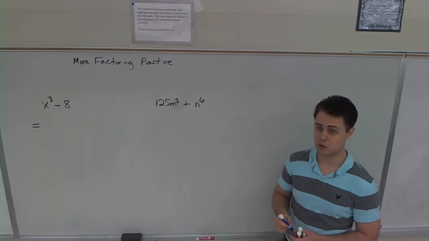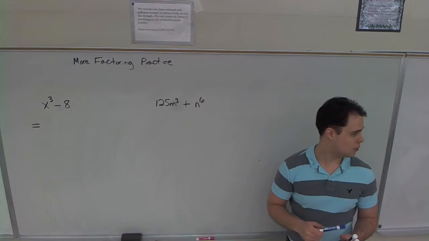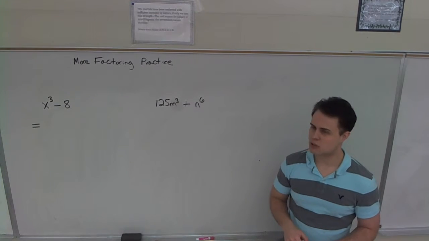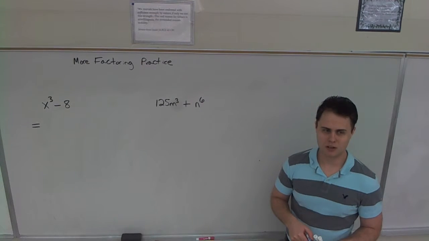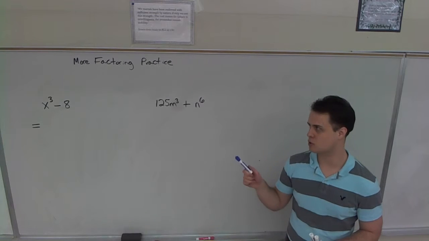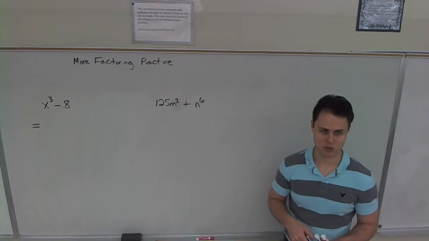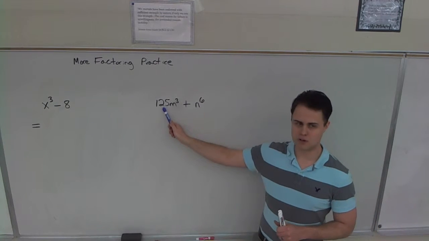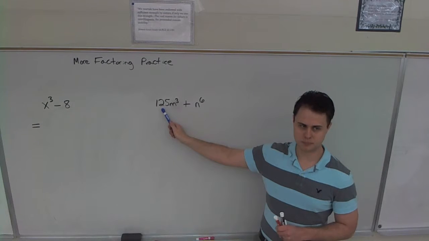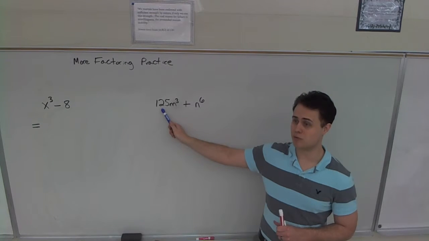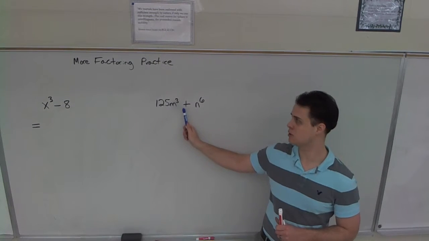So there are two new strategies that you can use. If you look at these, there are some very cubic type things happening. You can see x cubed. What is 8? 2 times 2 times 2 is 8. It's 2 cubed. And over here, 5 times 5 times 5, that's 125. That's obviously cubed.